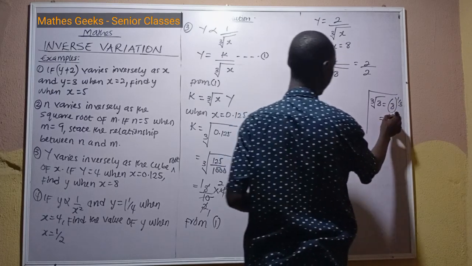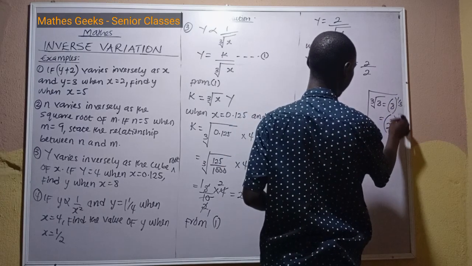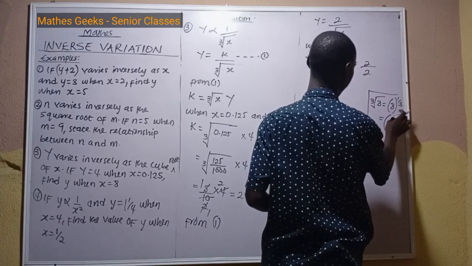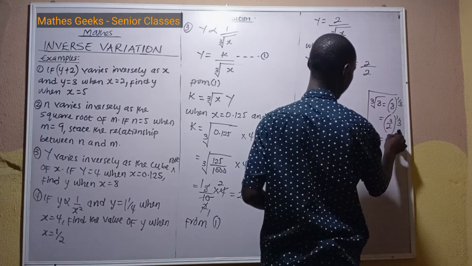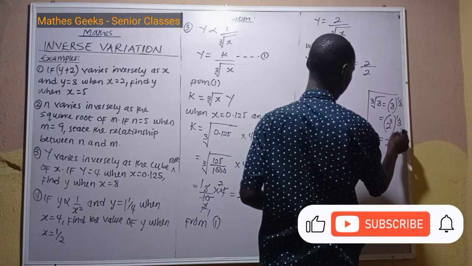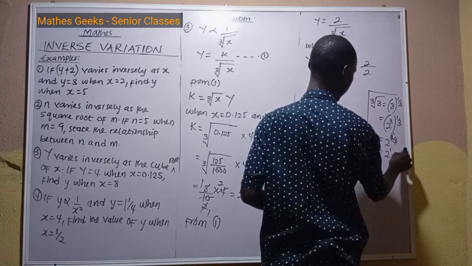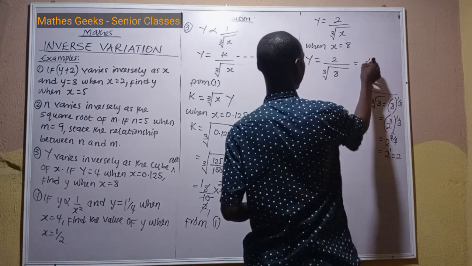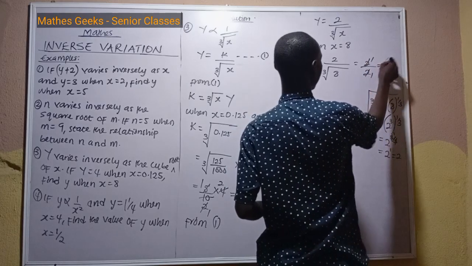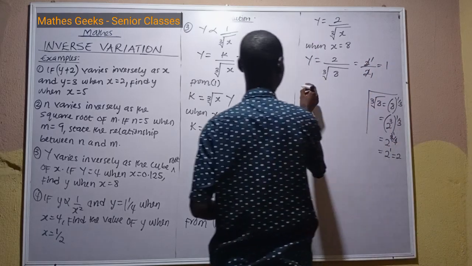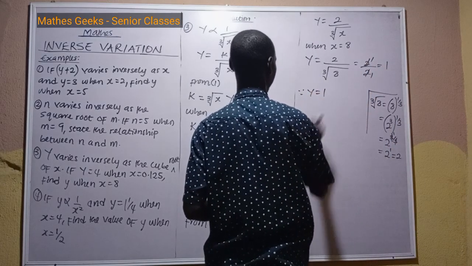This will give us 2 raised to the power of 3 times 1 over 3, which is 2 raised to the power of 1, which is equal to 2. So 2 divided by 2 is 1. Therefore, y is equal to 1.